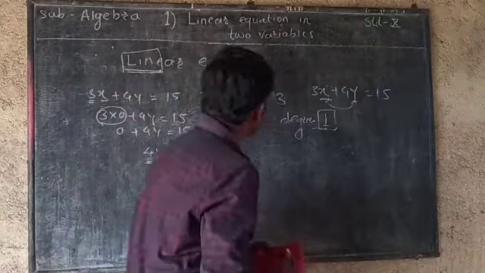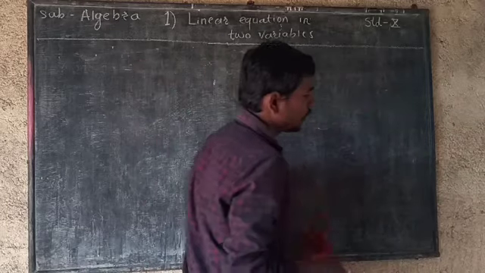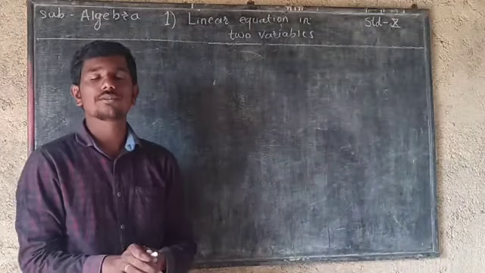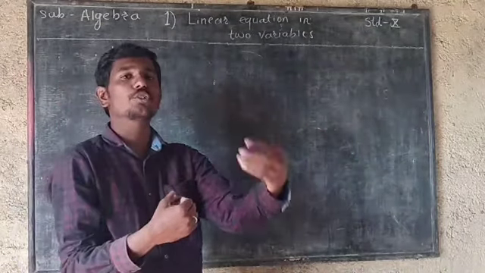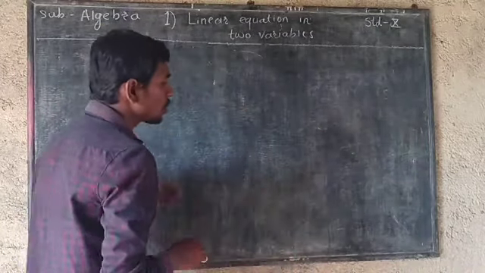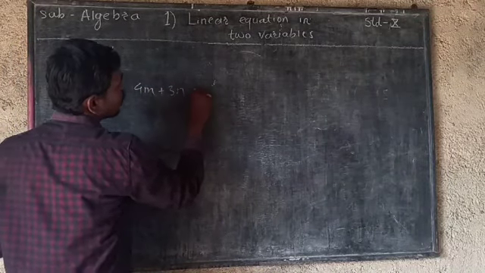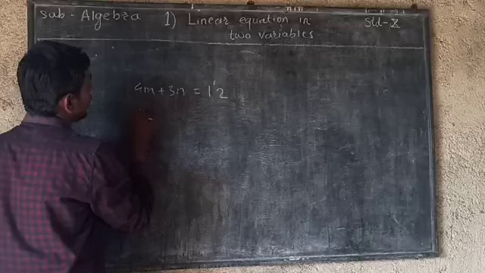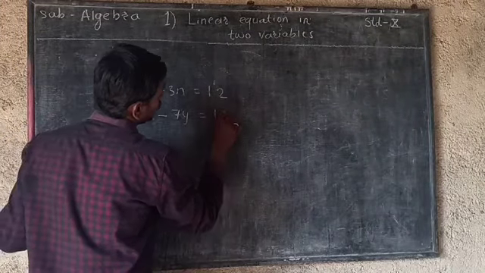So we have given an activity also, on the first page. There are some questions, and you have to say whether each is a linear equation in two variables or not. The first is 4m plus 3n is equal to 12. Second is 3x square plus minus 7y is equal to 30.